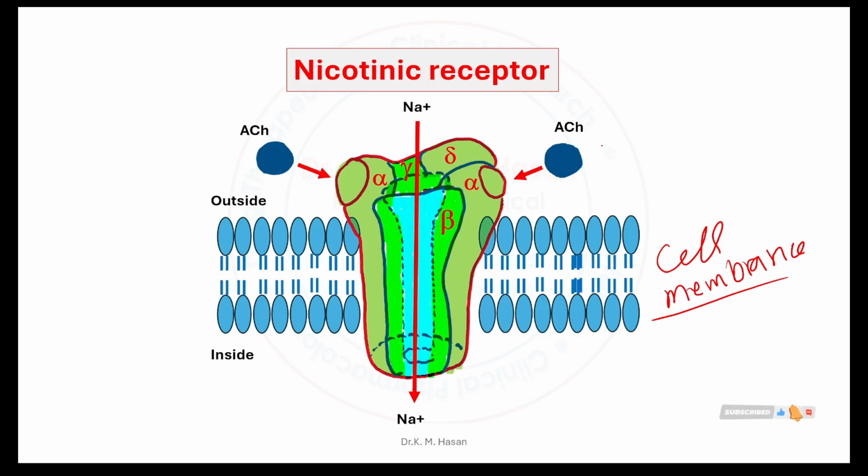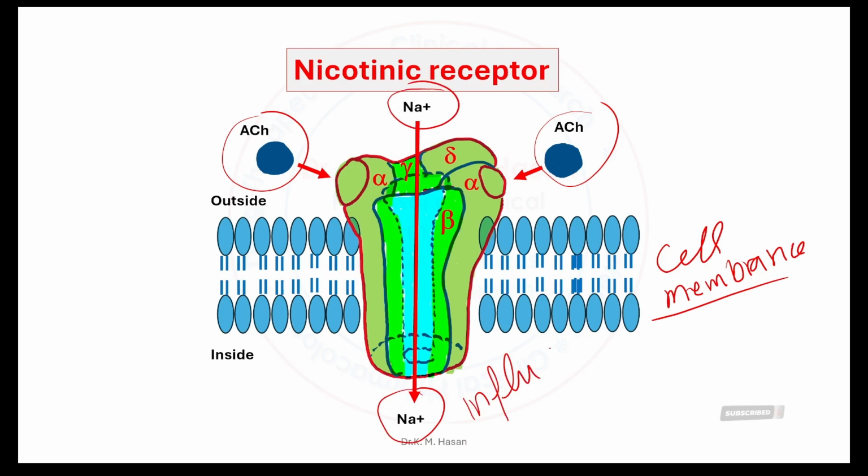ACH stands for acetylcholine. We have 2 molecules of acetylcholine binding to the nicotinic receptor. When the nicotinic receptor is activated by binding acetylcholine, this will open a sodium channel, allow sodium to influx inside the cell, and this will create action potential, depolarization, and skeletal muscle contraction.